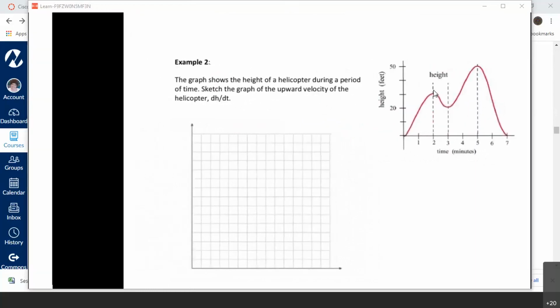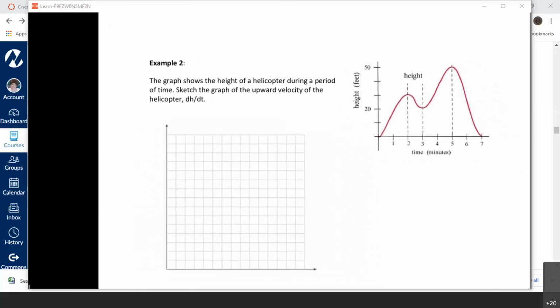And again, I haven't managed to get my tech to work. So you're going to have to please excuse me for a minute while I try to get this to work.